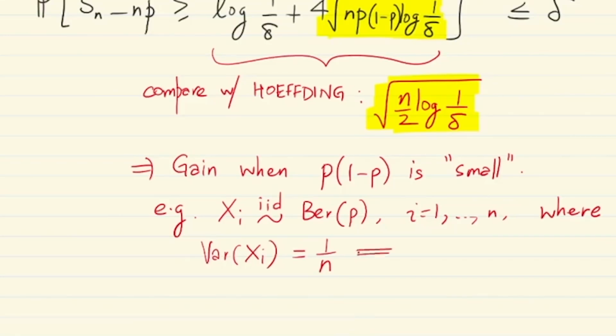One way in which the variance could be 1 over n is if p is itself of order 1 over n. If that is the case, then you basically get a constant scale deviation here, because inside the square root you have n multiplied by 1 by n, which is much better than what Hoeffding could give you.